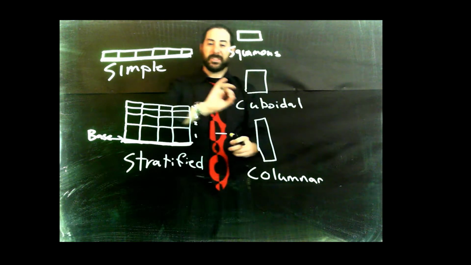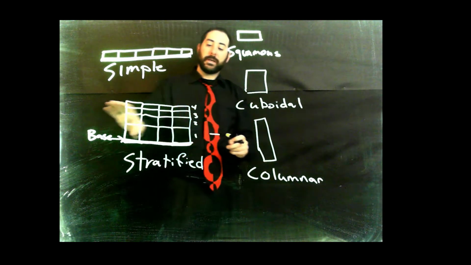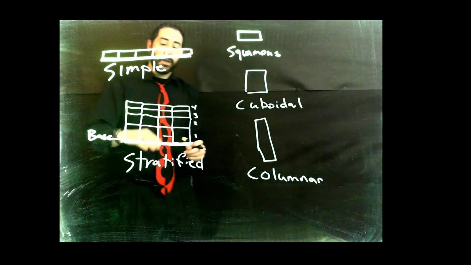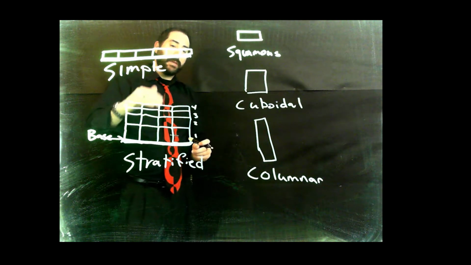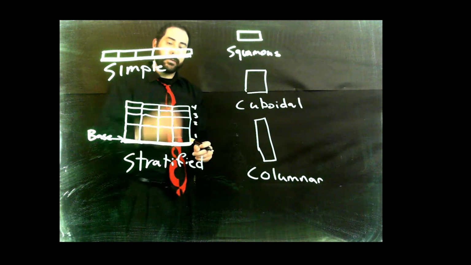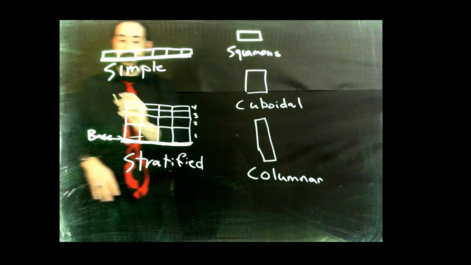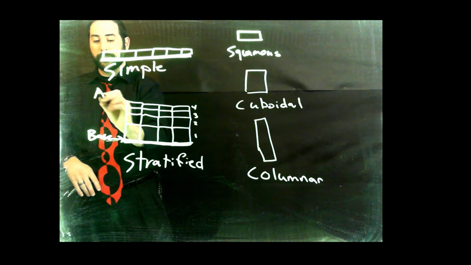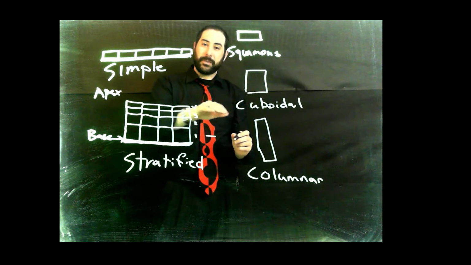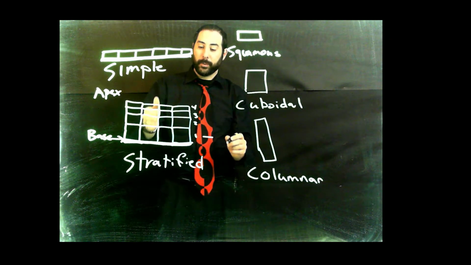So here's the trick with this. When we're looking at these rows of epithelial tissue, we're going to name it based on the most superficial layer, the outermost layer. So if this is our base, then this is the top, or what we often call the apex. So if we're talking about that row, we call it the apical layer or apical row.